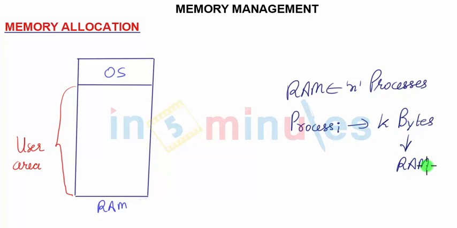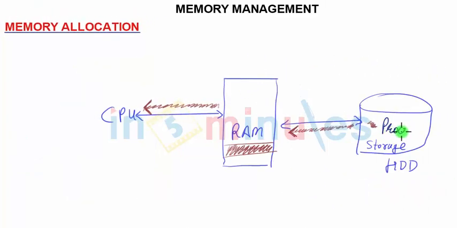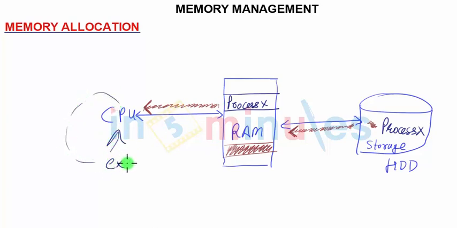So what exactly is allocation about? Allocation is about one simple factor: whenever a particular process is needed, let's say process X, it would be brought to RAM at some location, and then, when given a chance, process X would be executed.